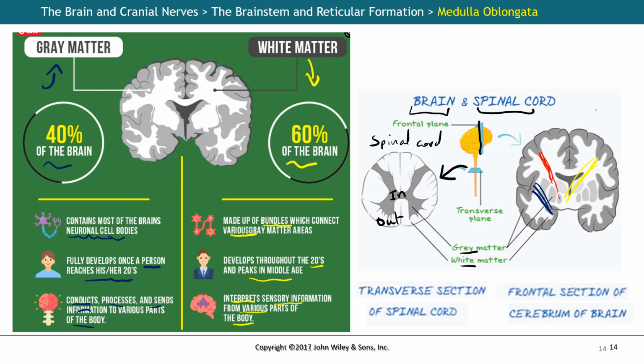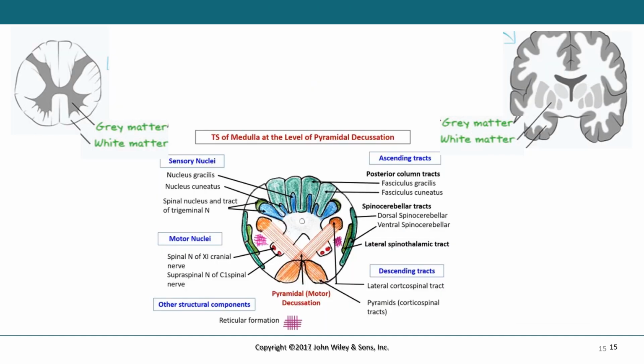Okay, so now let's see what happens with the gray matter and the white matter in the medulla oblongata. So again, the same idea. Here now, in addition to the spinal cord and the cerebrum, we have the lower part of the medulla. Most likely it looks very similar to the spinal cord.